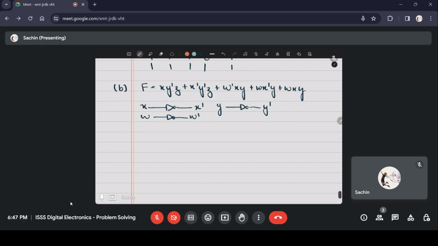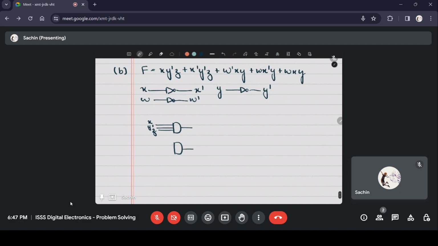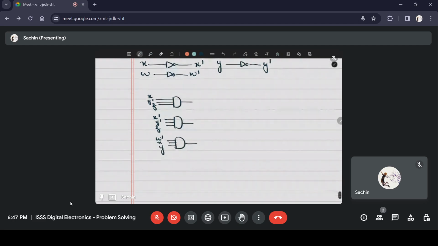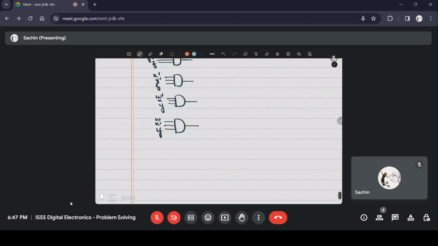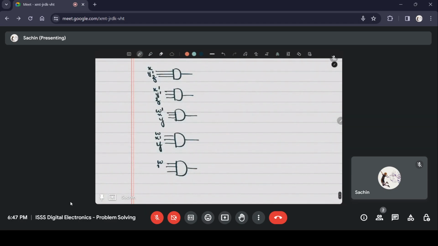When the function is expressed in a sum of products form, each term can be produced by using an AND gate. Since there are 5 terms, you will need 5 AND gates, and since each term has 3 variables, you will need 3 input AND gates to realize each term.